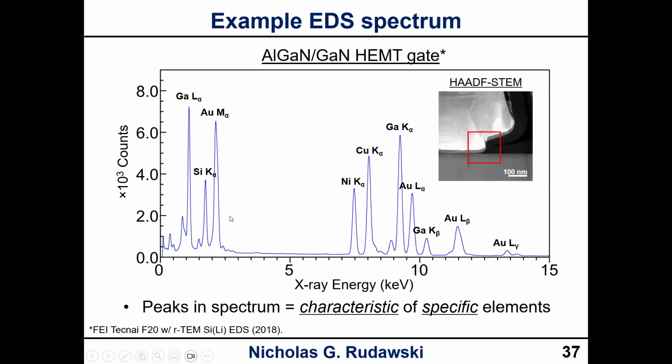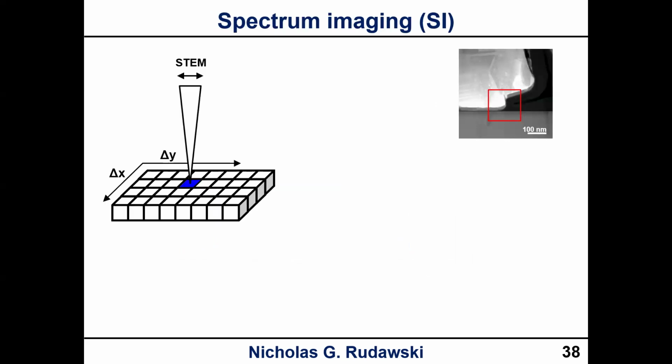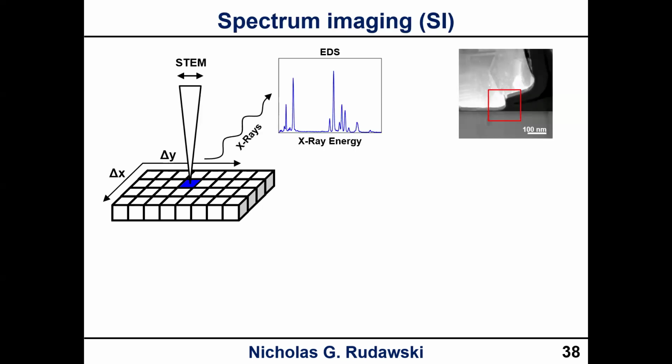All right. So then, how does spectrum imaging work? If we have an area of analysis that is made up of pixels, and we have a STEM probe on one of those pixels, it's going to generate X-rays at that pixel, and those X-rays are going to be detected by my EDS detector, and I'm going to get a spectrum generated at that pixel.